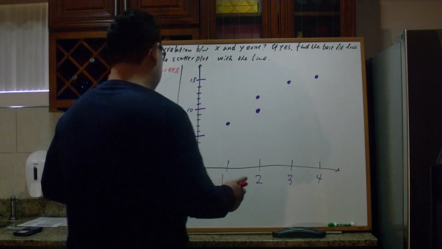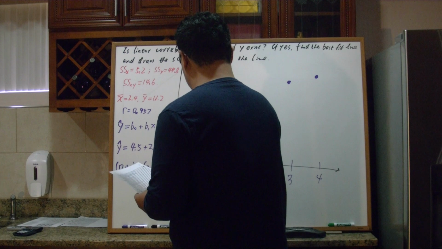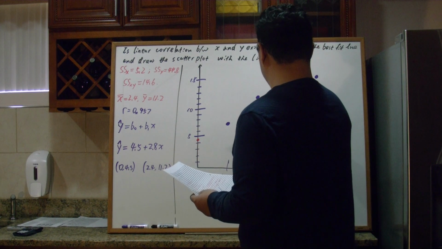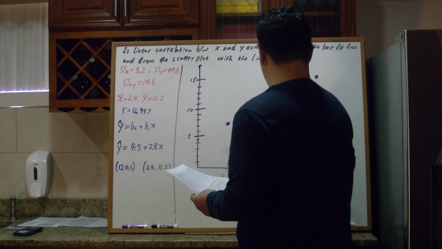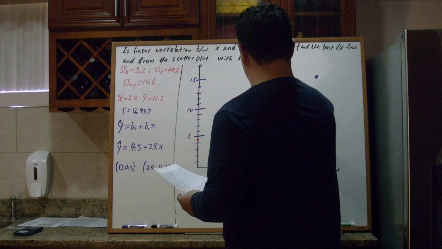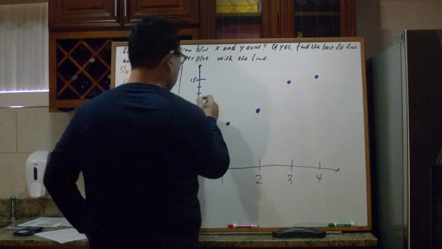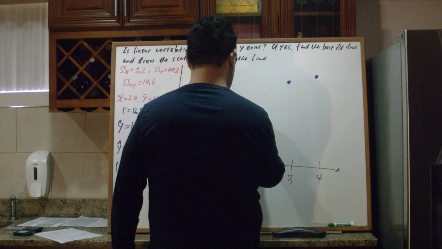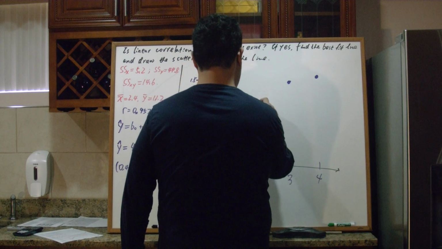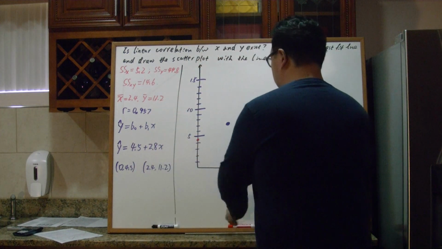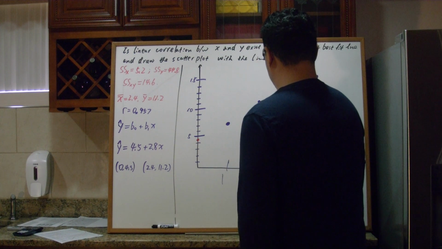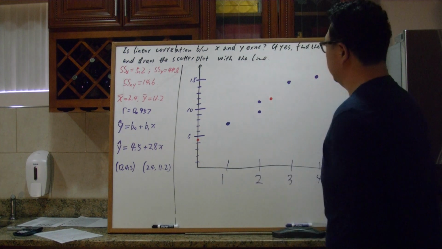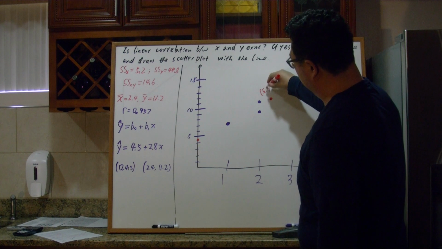The 0, 4.5 is here, the y intercept, and also 2.4, 11.2, a little down here. 2.4, 11.2 is the x bar, y bar.